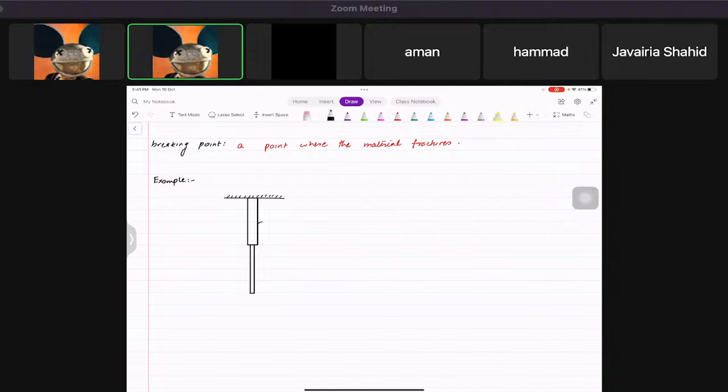Said, okay, this is copper and this is steel, and there is a weight hanging.